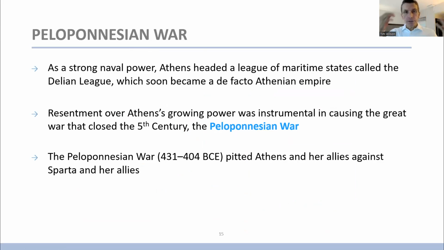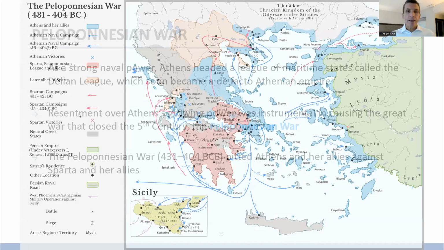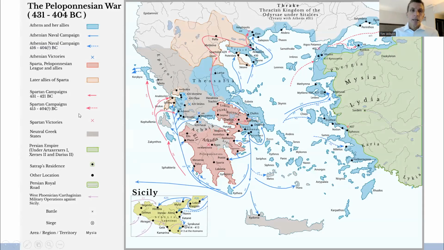Athens then developed this huge naval power in a league of allied city-states after the Persian Wars, and became effectively a large empire. And resentment over Athens' growing power was instrumental in causing the second great war of the 5th century, the Peloponnesian War, which is Sparta and her allies versus Athens and her allies.